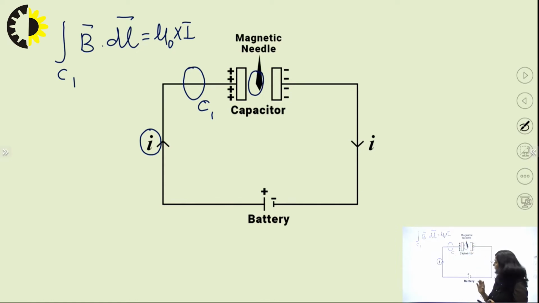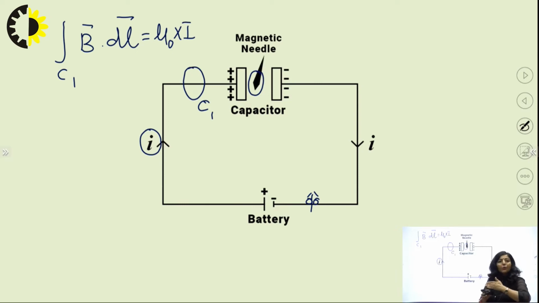When you close the key, current will start flowing, and the charging of these two plates will start. These plates will take some time to get fully charged. Suppose these two plates take 10 seconds to get fully charged.